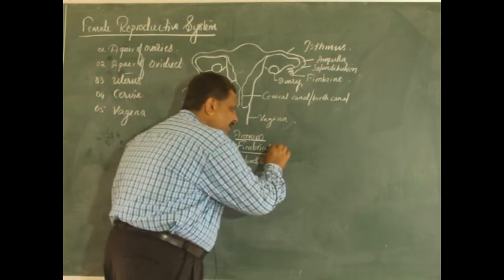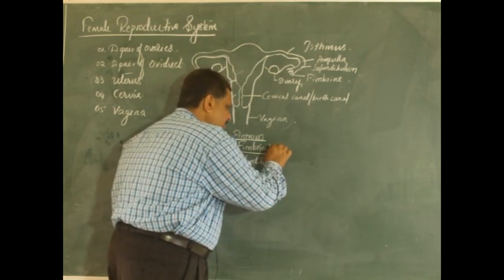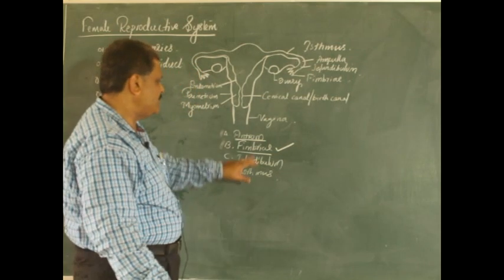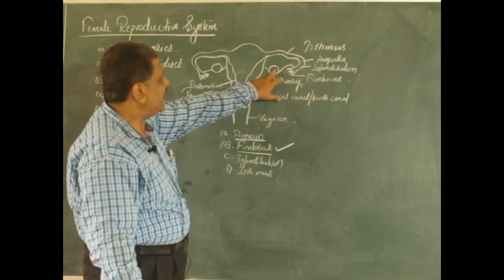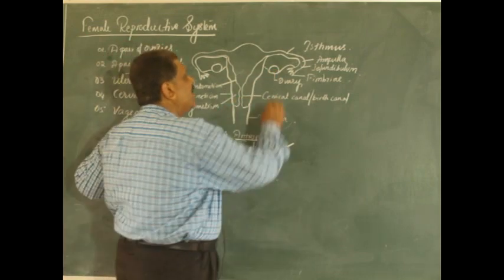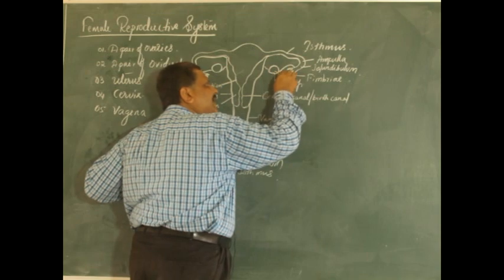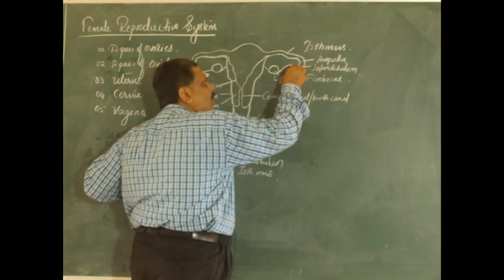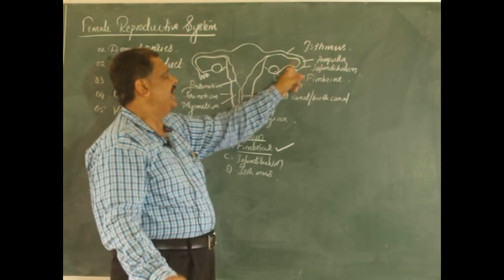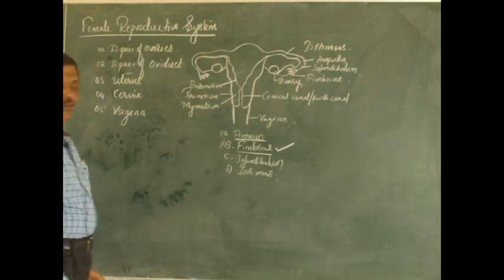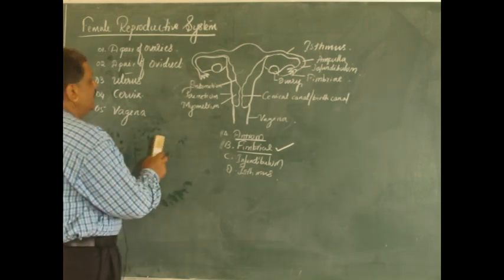So, possibility of writing the answer is option B, that is fimbriae. Most of the students will write this, but you think thoroughly. When the egg is released, immediately it should come out, and for a while it will be there in the cavity, and then it goes to fimbriae. Fimbriae collects it, and then it passes to infundibulum.